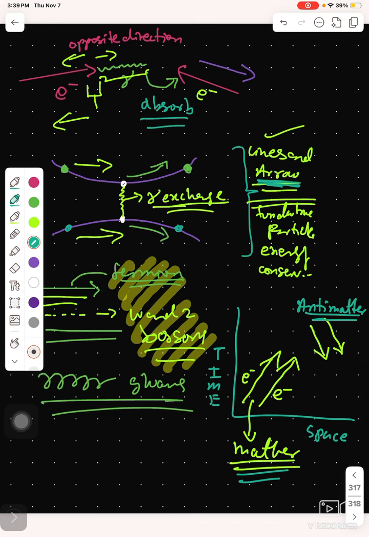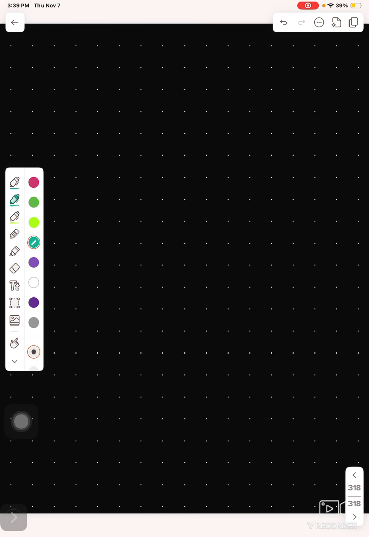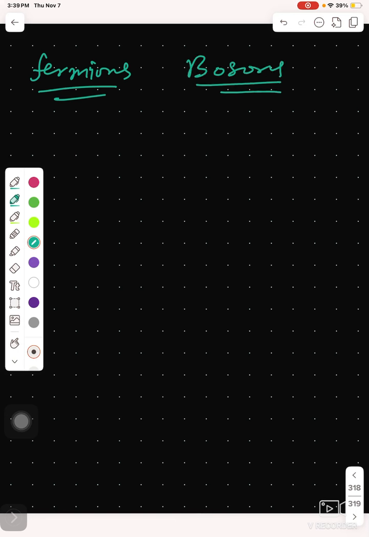About the fundamental particles. Remember that in the standard model of particles there are multiple fields: fermions, bosons, then we have leptons, and I think more as well.